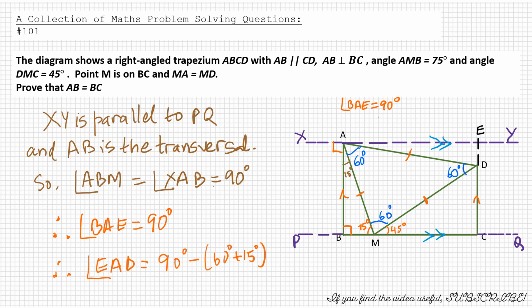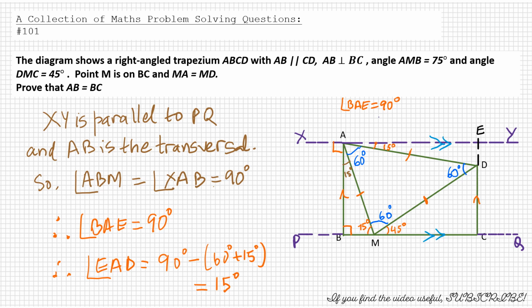Then angle EAD, this tiny bit of angle, we can work out because the whole angle is 90 degrees, so 90 minus 60 plus 15 gives us 15 degrees.